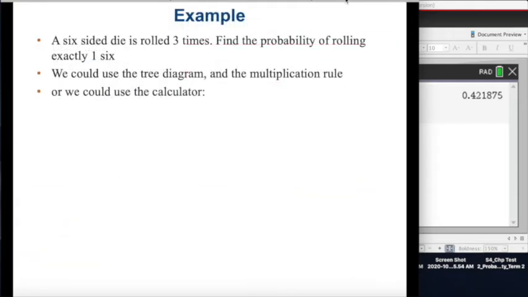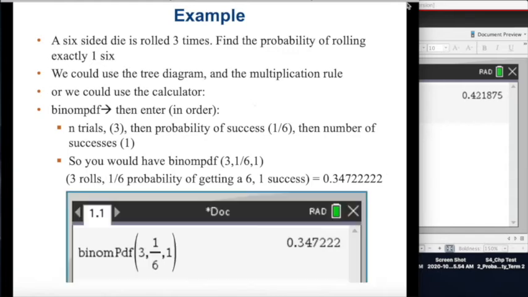Okay, next. In this example, a 6-sided die is rolled 3 times, and you're asked to find the probability of rolling exactly one 6. We could use a tree diagram like before and apply the multiplication rule, or we could just use the calculator. In this case, let's just use the calculator.